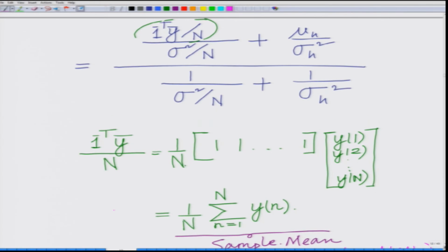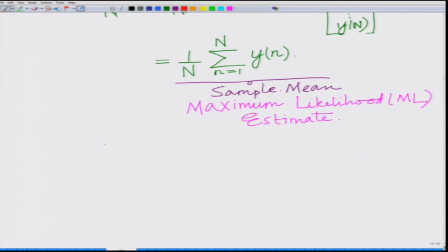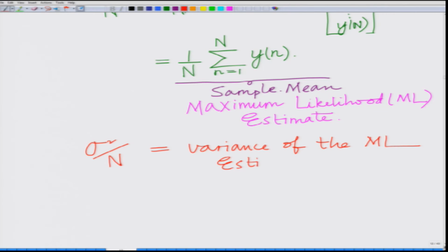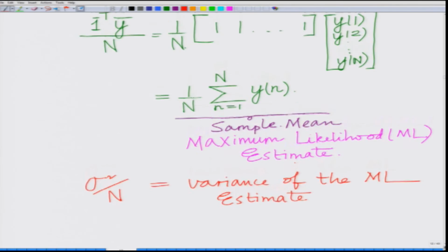This is known as the sample mean. This is also the maximum likelihood estimate. And now, let us look at sigma square divided by n in the numerator. This is nothing but the variance of the maximum likelihood estimate.